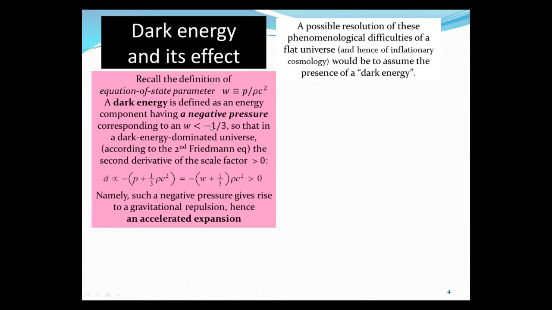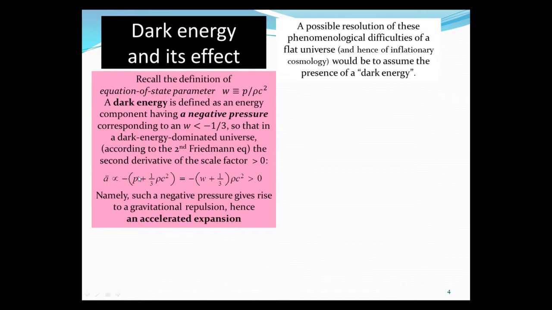In a dark energy dominant universe, according to the second Friedmann equation, the second derivative of the scale factor, a double dot, is proportional to minus the pressure plus a third of the energy density.